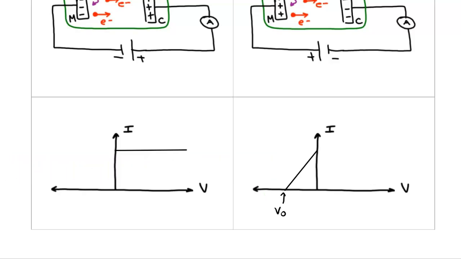So, important things to notice. At this point here, we had the less energetic electrons unable to reach the collector electrode.